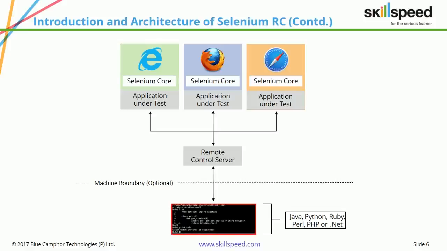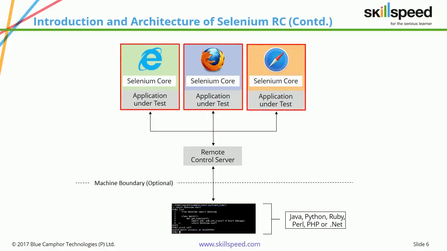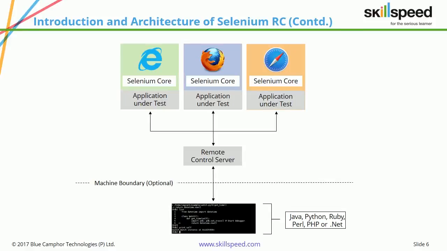The remote control server will be passing the JavaScript commands, whatever have been put in through Java, Python or any other client libraries, and those JavaScript commands will be dumped into the browsers, and in the browsers the Selenium core will make those JavaScript commands work on the browser for execution of the test case.